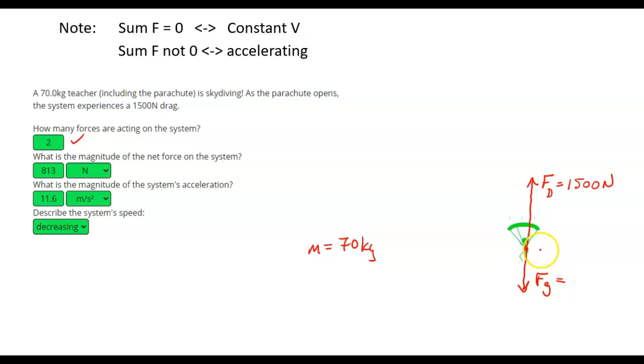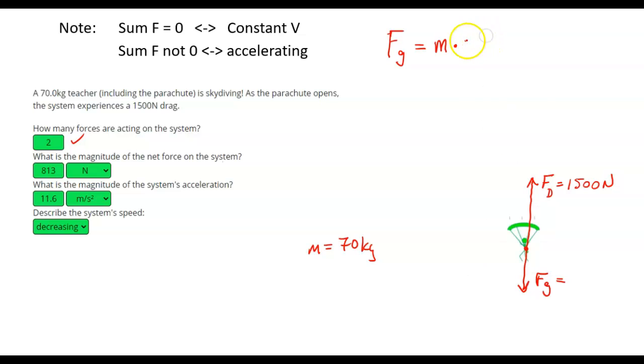Now, what is the force of gravity? So this is an important relationship. The force of gravity on an object on Earth is the mass of the object times the acceleration due to gravity.